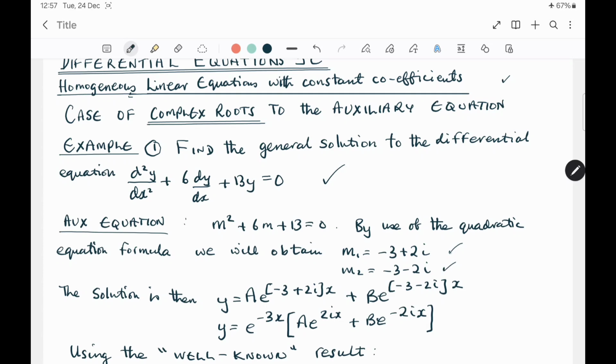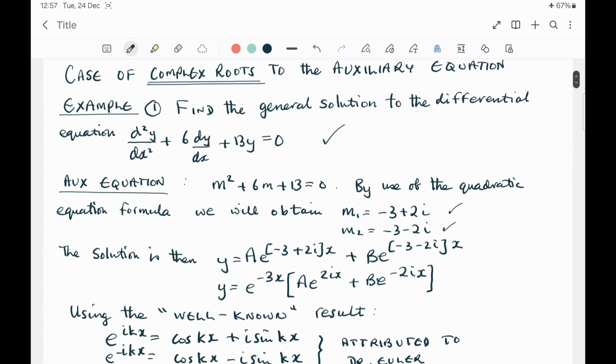These roots will always appear in conjugate pairs if the coefficients are real numbers. Now, the solution, as we did before, will be y equals a e to the power of the first m times x plus b times e raised to the power of the second m times x.